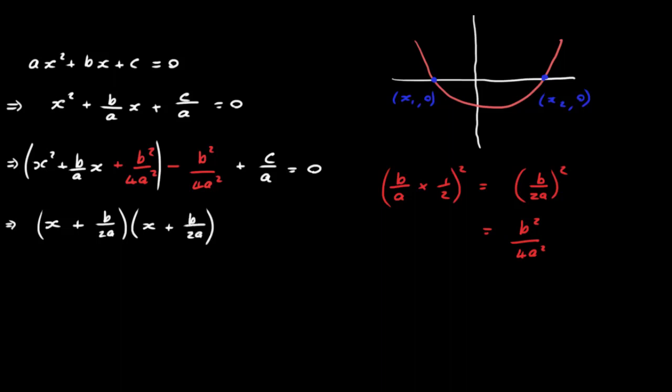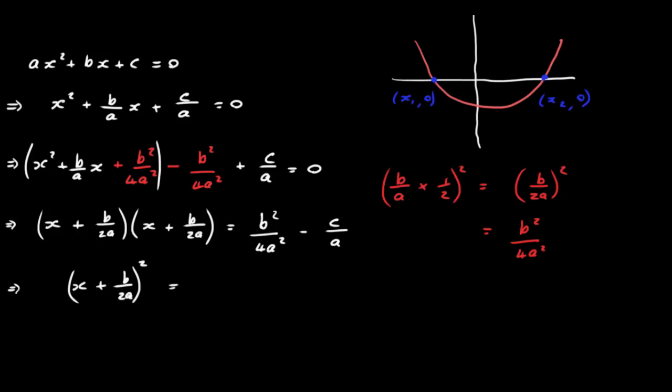Out here then, I've got these 2 terms. What I'm going to do with these is bring these over to the right hand side of the equation. What I'll end up with is b squared over 4a squared minus c over a on the right hand side of the equation.